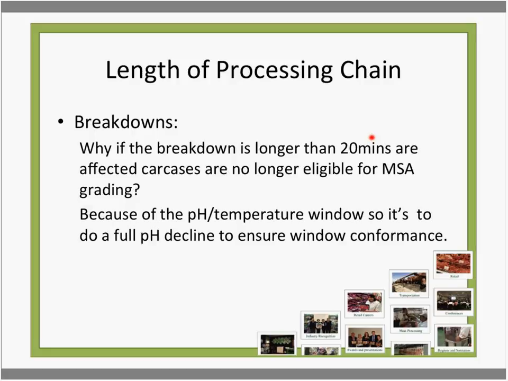The other area is processing time, which is also to do with the temperature more than the processing time. Obviously, if you're not processing the animal as quickly and getting it into the chillers as quickly, you're not reducing that temperature as quickly. You can change your pH temperature window of whether you're meeting it.